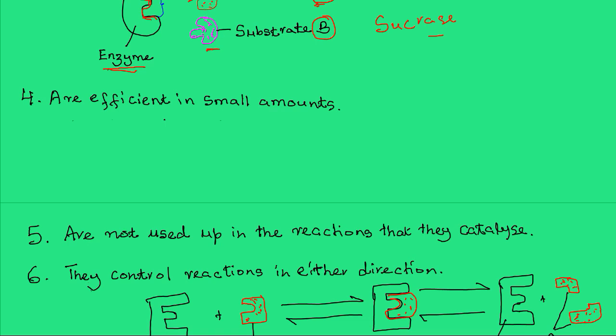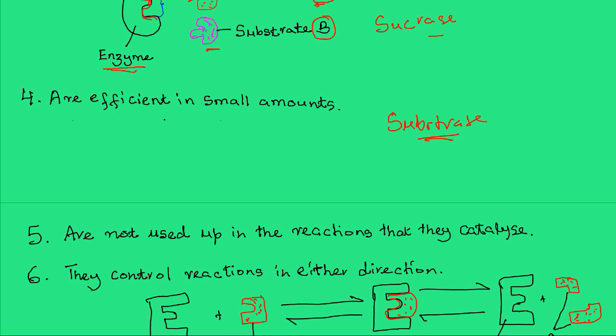The term substrate is used to describe the substance upon which the enzyme acts. So enzymes act on substrates and convert them into products. So enzymes are efficient in small amounts. A small amount of enzyme will work on a large amount of substrate.